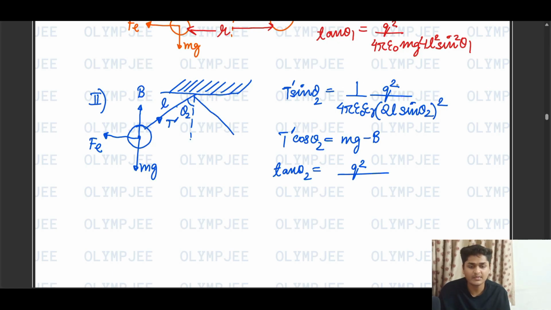In air the relative permittivity is equal to 1, so we do not consider it, but in liquid we will have to consider it.